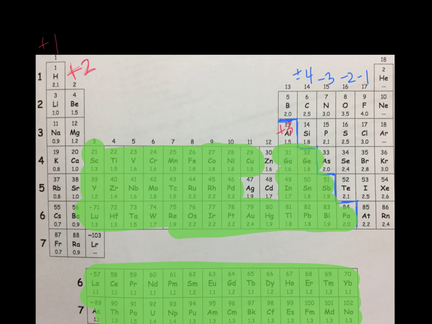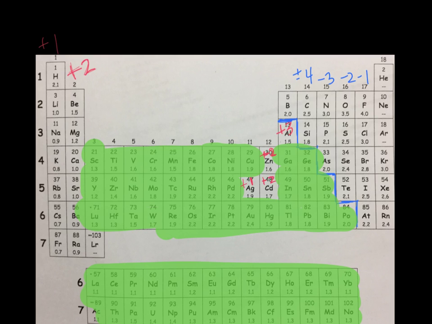And so we can't use those yet. There's a different way of figuring out their charge. But we do know what silver, cadmium, and zinc are going to be. So silver is always going to be plus 1. Zinc is always going to be plus 2, and cadmium is always going to be plus 2.